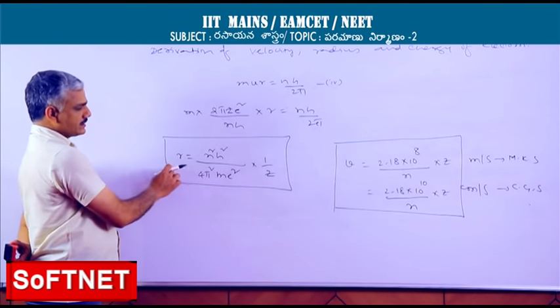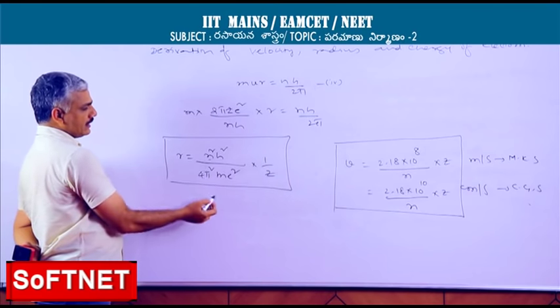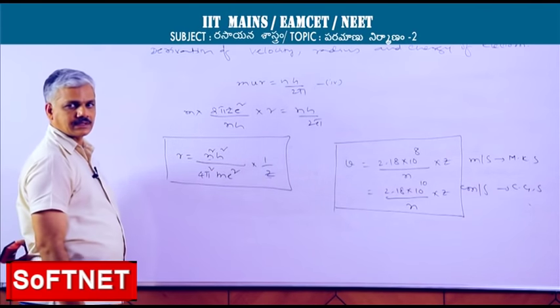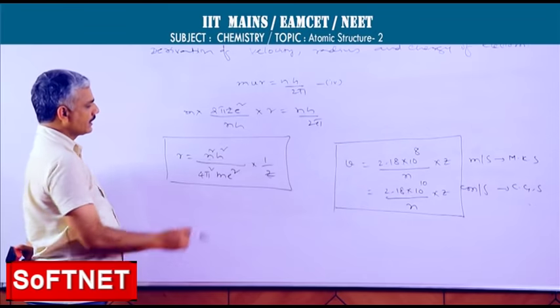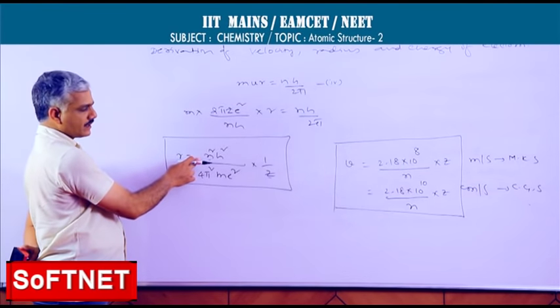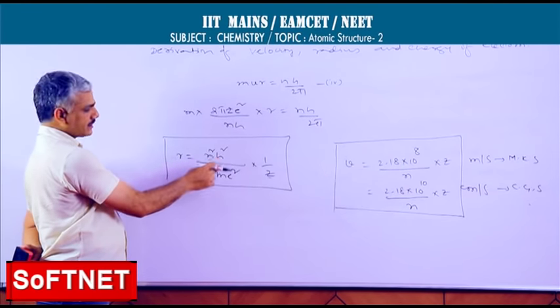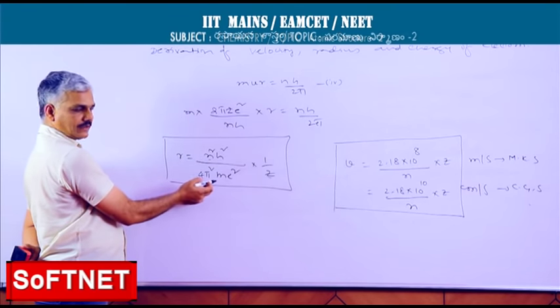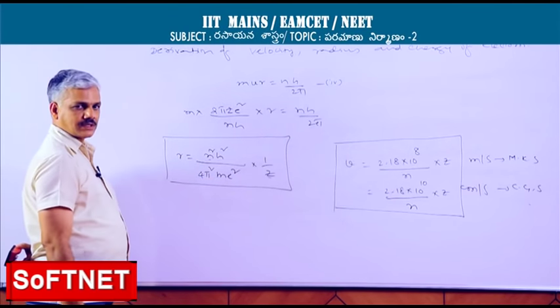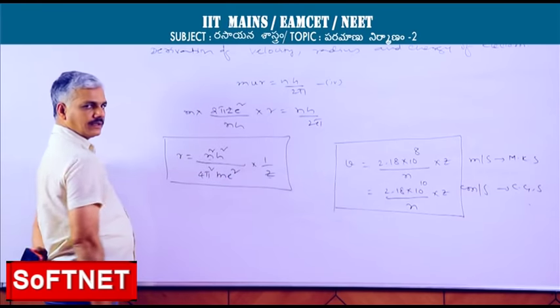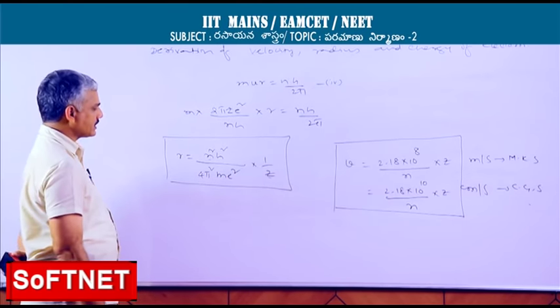In this expression also, except n and z, rest of the things are constant values. N stands for number of the orbit, h is Planck's constant, m is mass of electron, e is charge of electron, z stands for atomic number of the element.